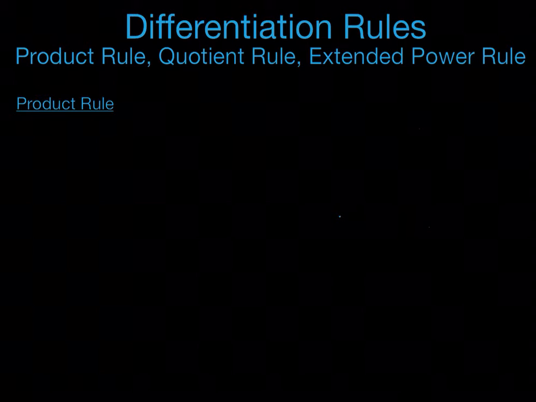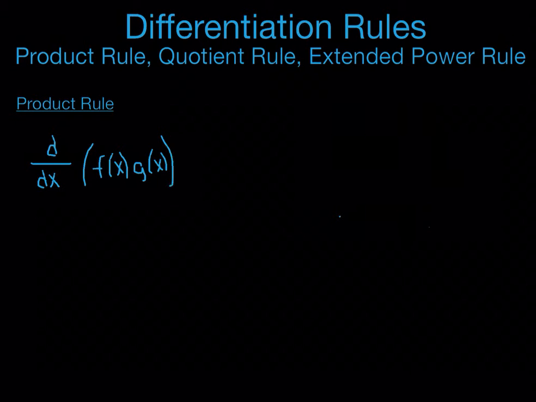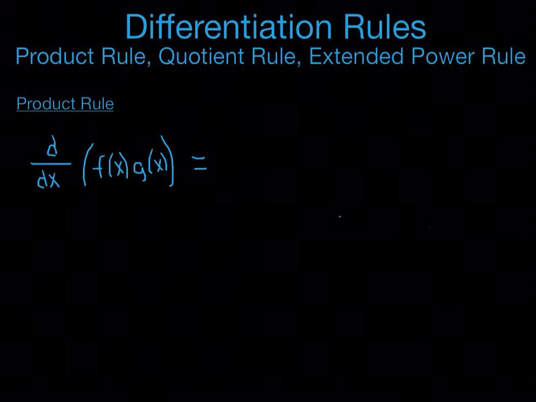If we're trying to find the derivative of functions being multiplied together, f of x times g of x, then it's not just the derivative of f of x multiplied by the derivative of g of x. That's not how easy it is. That is how easy it is for the sum and difference rule, but the product rule and quotient rule, like we said before, are a little bit more advanced.